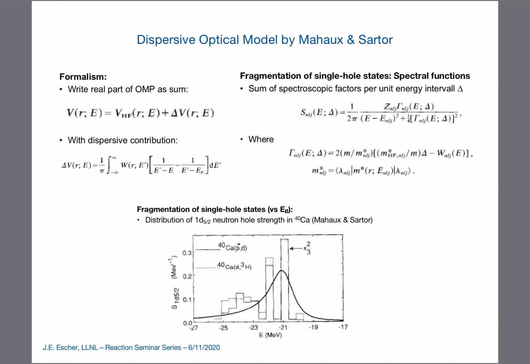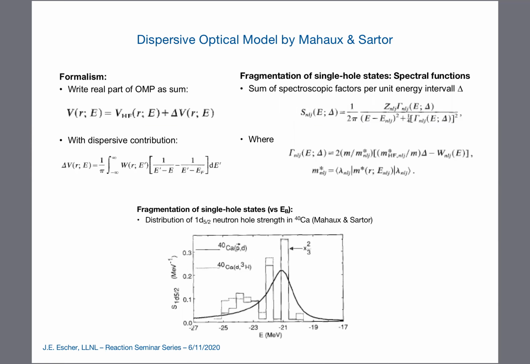It gets this additional contribution that comes from invoking the dispersion relation and using the imaginary part of the potential, which is indicated in the equation below with W. So the advantage of doing that is that you can carry out scattering experiments and determine a potential that's parametrized, but that uses this dispersion relation in order to get some idea about what the potential should look like for the bound states.